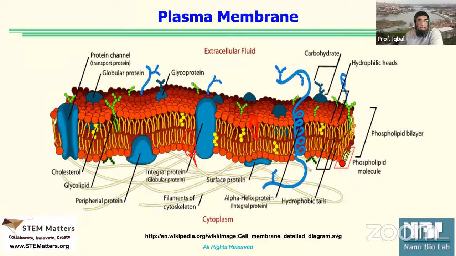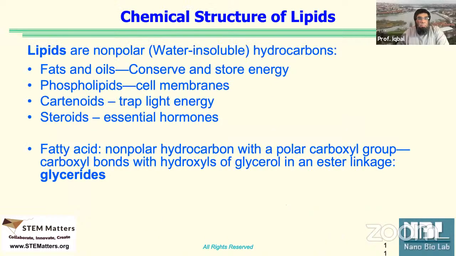So these are proteins, different considerations of where they would fall or where they would go. Now, all proteins are embedded in lipids. So lipids are another class of molecules. In this, lipids are formed by non-polar hydrocarbons.